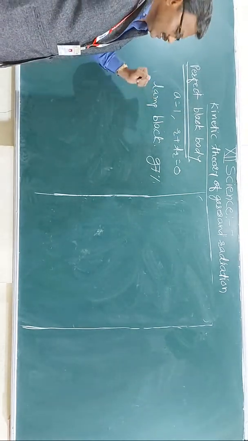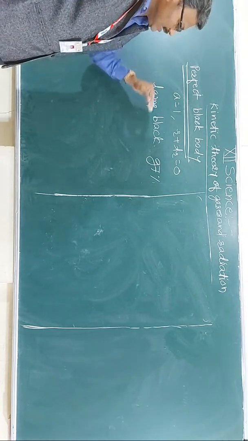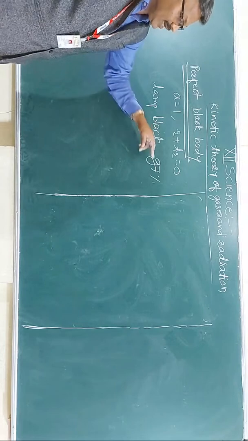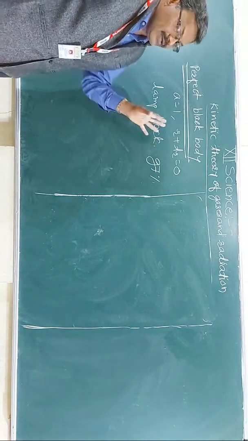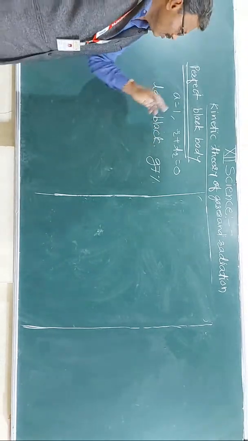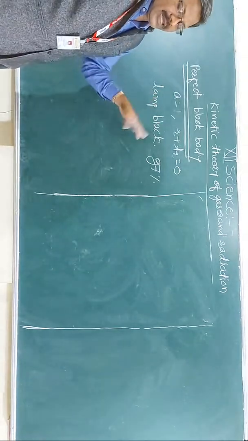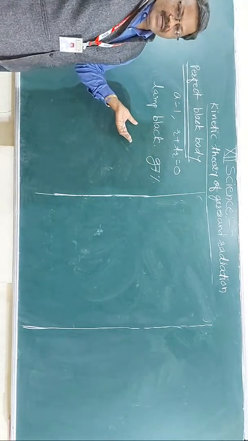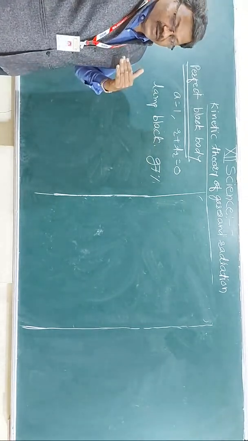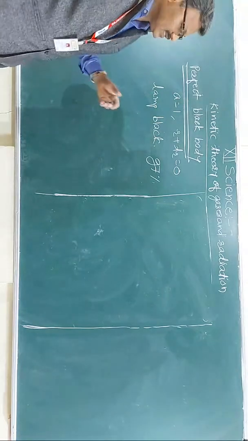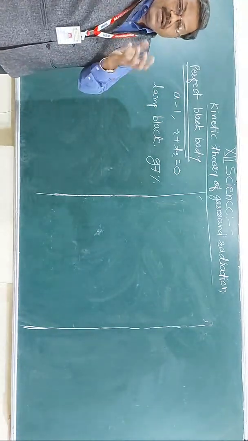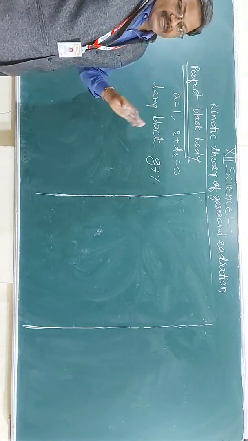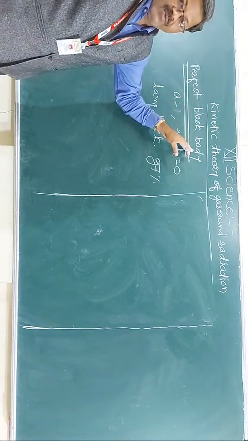When energy is incident on this lamp black, it absorbs 97% of the energy. But when it undergoes a number of reflections, it absorbs the total incident energy.